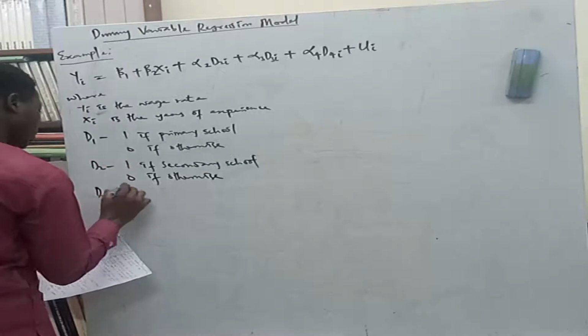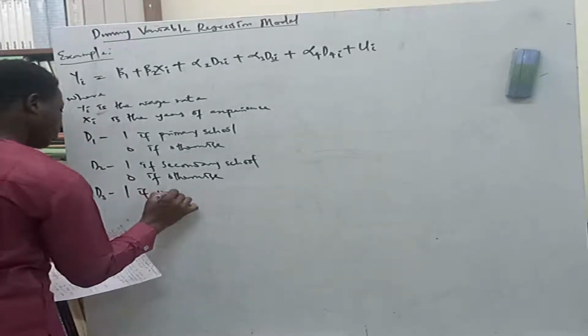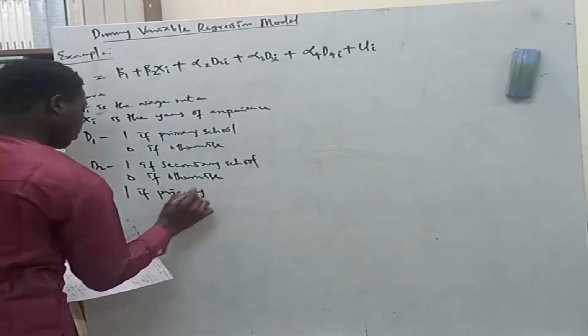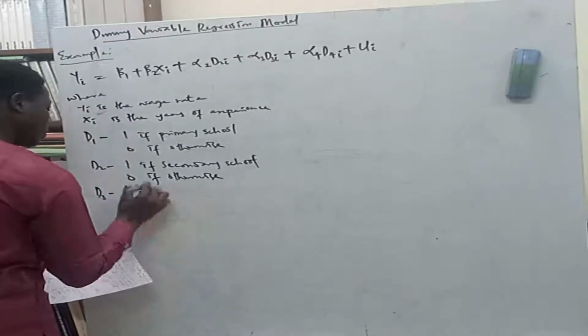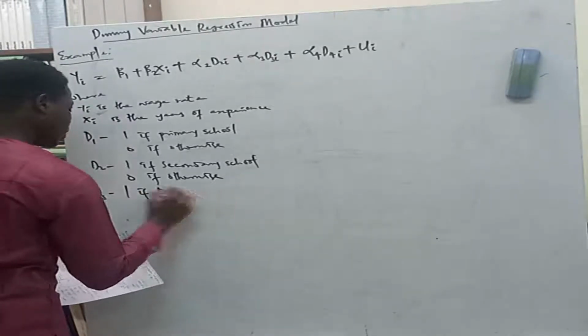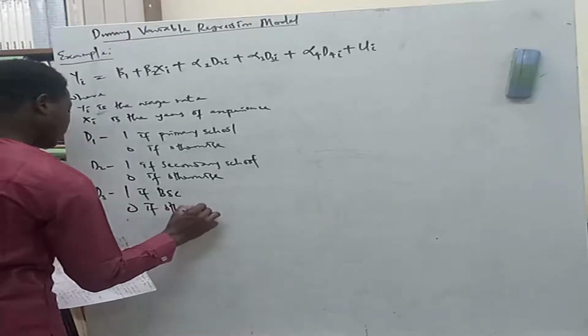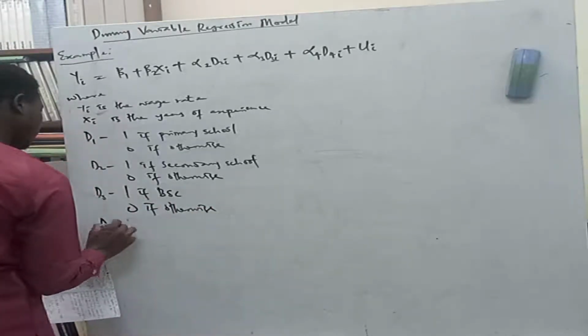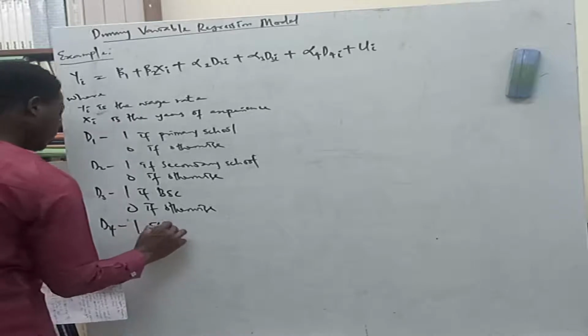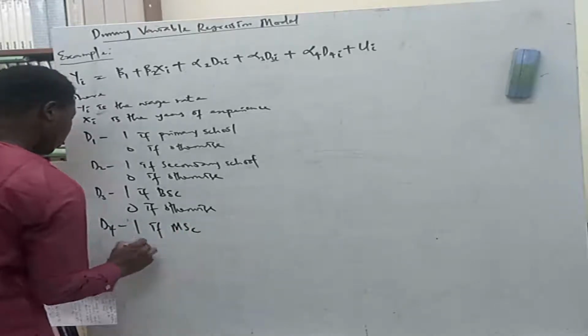D3, 1 if BSc, 0 otherwise. D4, 1 if MSc, 0 otherwise.